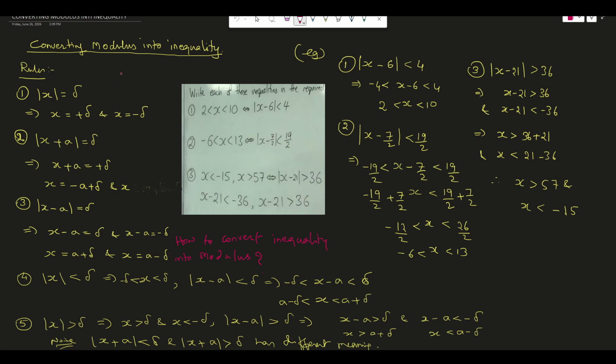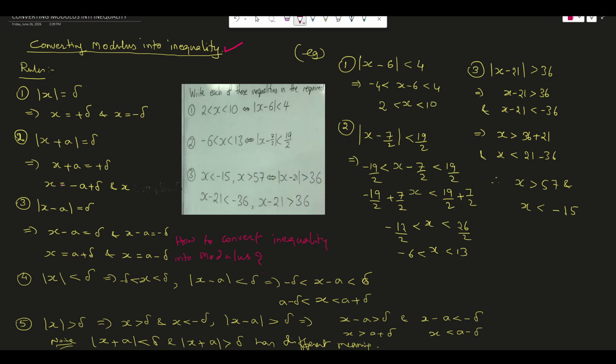Okay, so in today's session we are going to start with converting modulus into inequality. For this, first you should understand that there are certain rules, or certain definitions, which you should be very much aware of.